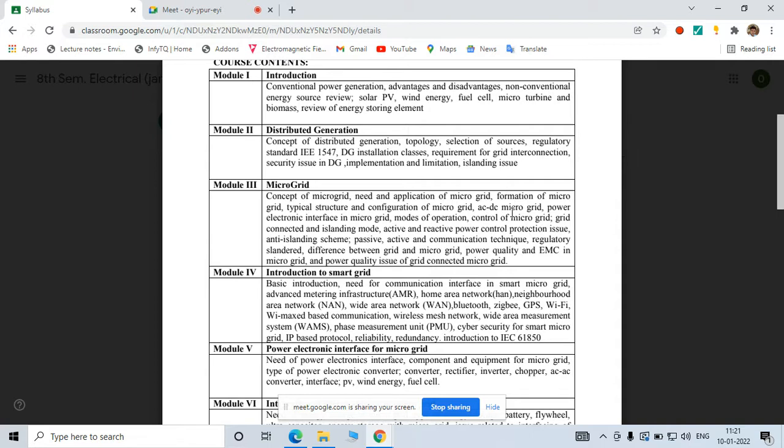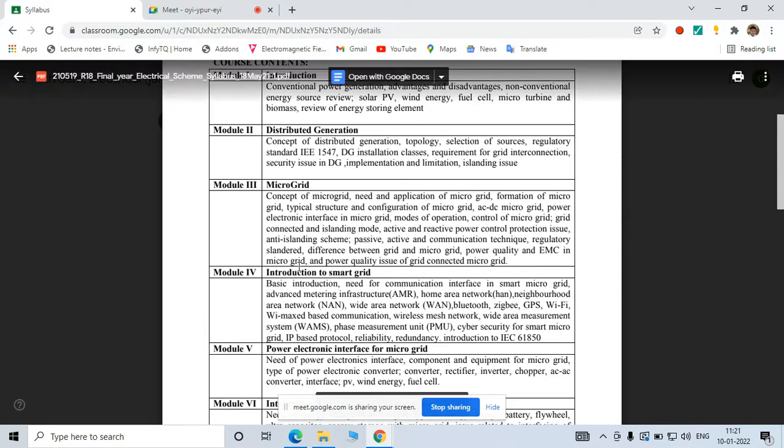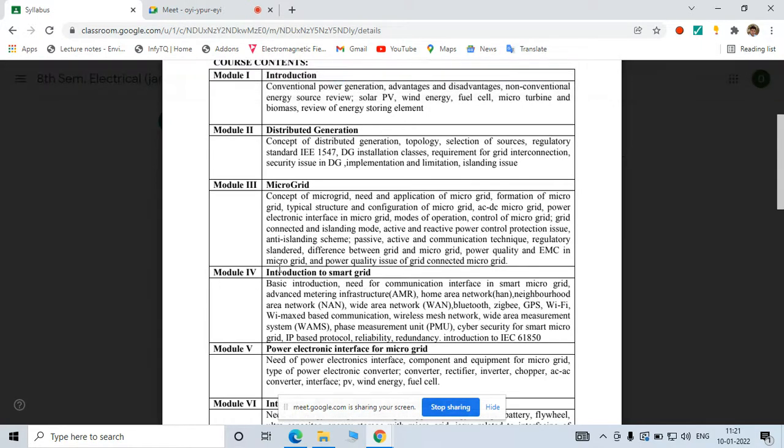We will also see the different types of parameters used for controlling that microgrid.